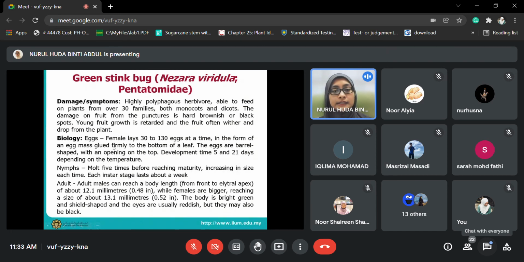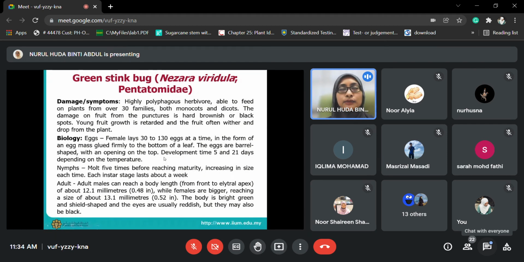For the biology, the female lays eggs, around 30 to 130 at the same time, and usually it's glued onto the bottom of the leaf. So selalunya dia punya eggs bawah daun, bukan atas daun, di bawah bahagian daun. And barrel shape with opening at top.